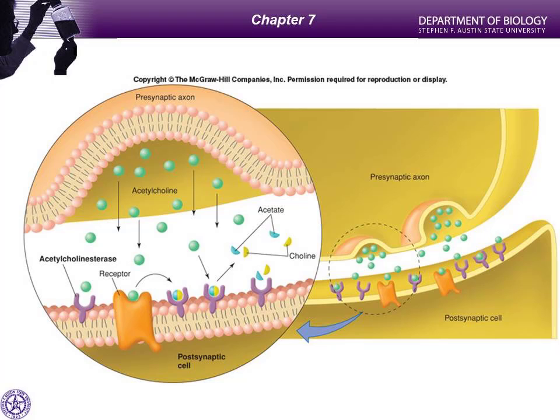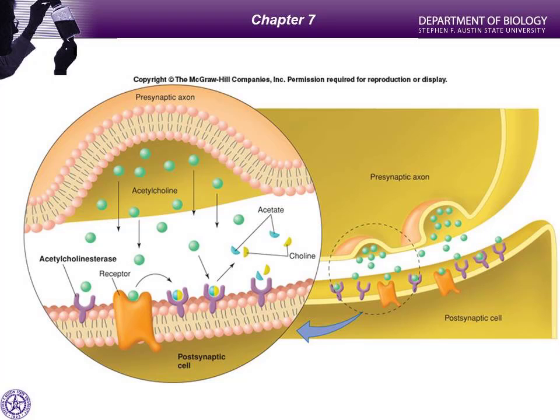Now that almost seems anti-intuitive. Why are you destroying the signal you're trying to detect? Well, you have such a vast amount of signal so that you rapidly signal across the space, but you also have enzymes, so almost the instant the signal is transduced, it can be destroyed, because there may be a second signal, a second action potential making its way down the axon.